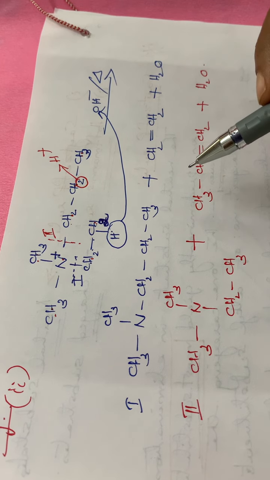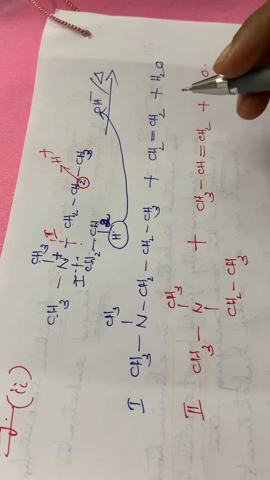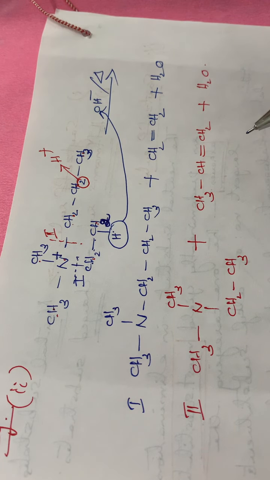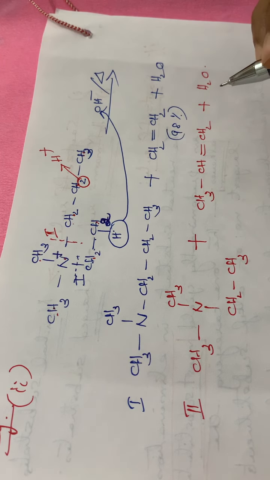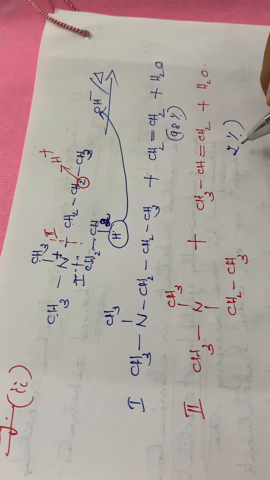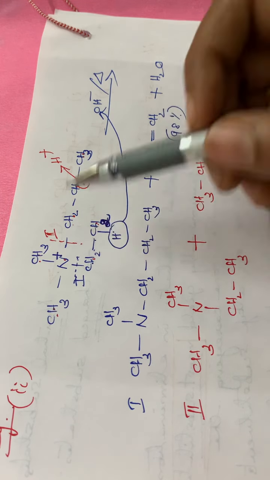Okay, so in the first case, see here, the major product is this one, ethylene. And this particular product is 2% only. That means this type of bond breaking will not be happening so easily.